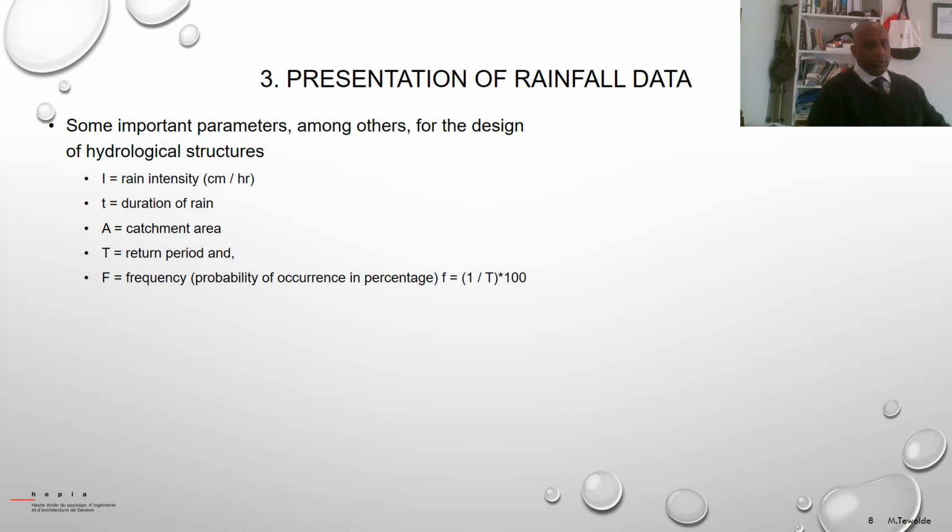Presentation of rainfall data. How do we present rainfall data? We may have many years of registered or recorded rainfall data, for example. So how do we present it or put it in a manner that will be useful for engineers? For example, here the rain intensity, the duration of the rain, catchment area, return periods, and the frequency or probability of occurrence in percentage.